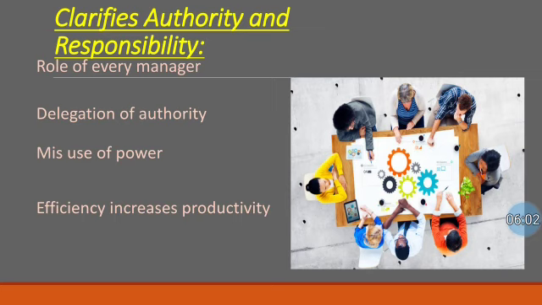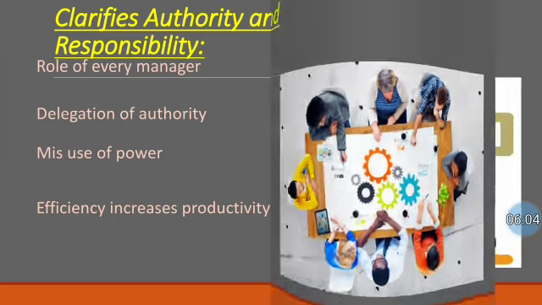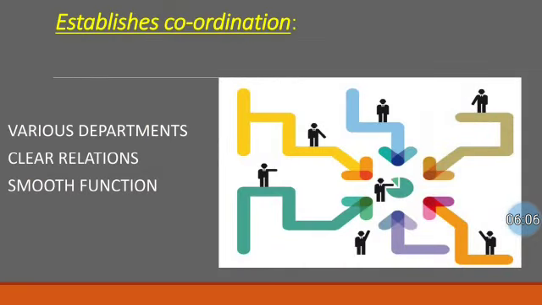Further, we'll try to understand how to establish coordination in different departments of the organization. So, students, coordination refers to maintaining good relations and mutual cooperation with employees. Various departments are expected to work in harmony for smooth functioning of the organizational activities.